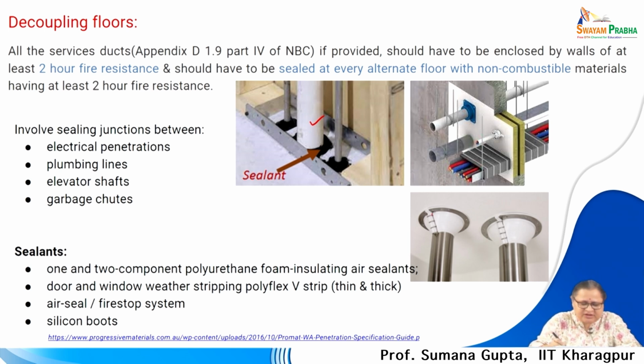Here you see some shoe kind of thing has been put to encase this joint. This is another joint, this is a pipe and this is the ceiling, where this kind of silicon boot has been put around, so that no fire can move from one end to the other.